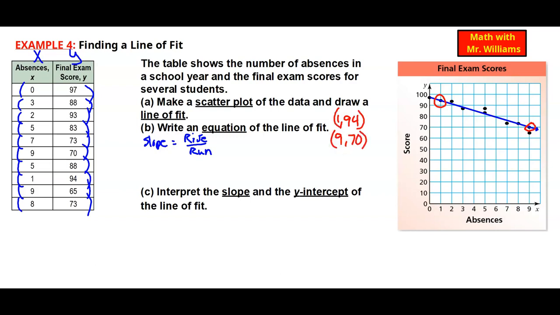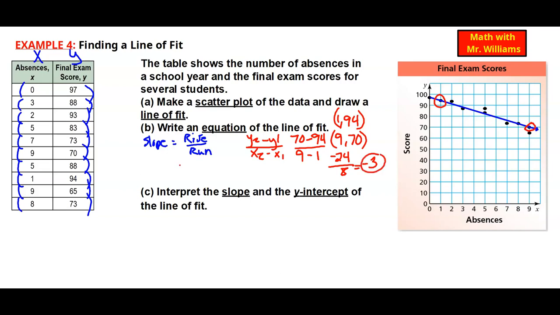All right, so we're talking about the rise over run. So what we can do here is do the change in y. So we'll do y2 minus y1 over x2 minus x1. All right, so that is 70 minus 94 over 9 minus 1. So that gives me a negative 24 over 8, which ends up giving me a negative 3 for my slope.